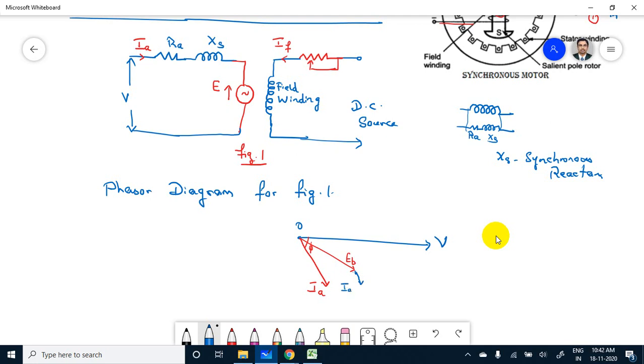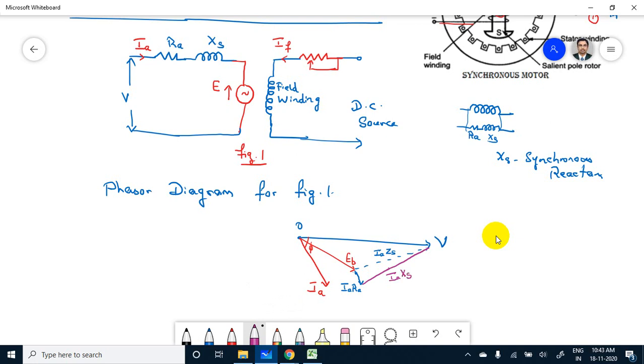This is IA RA, and this line will be the drop in impedance, IA into ZS. Then join this EB and V. This line will be the reactance drop, IA into XS.